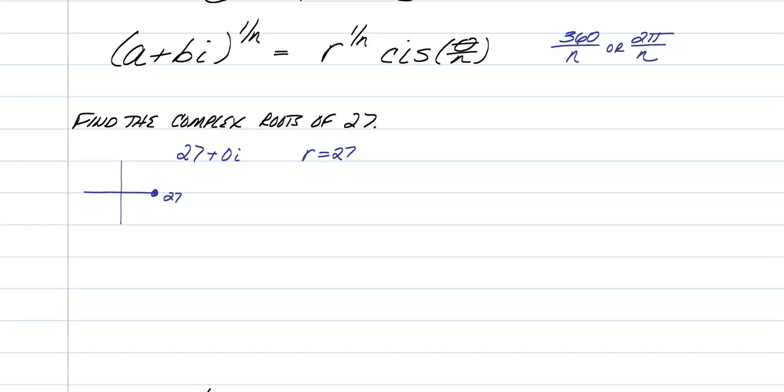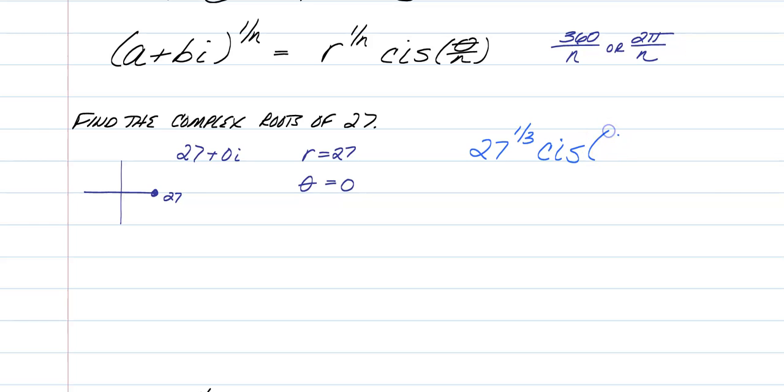Now we just have to use our formula. Out here on the x-axis, we know that our theta is 0. So we have 27 to the 1/3 power, because we're taking the cube root, and then we have CIS of our angle divided by 3.